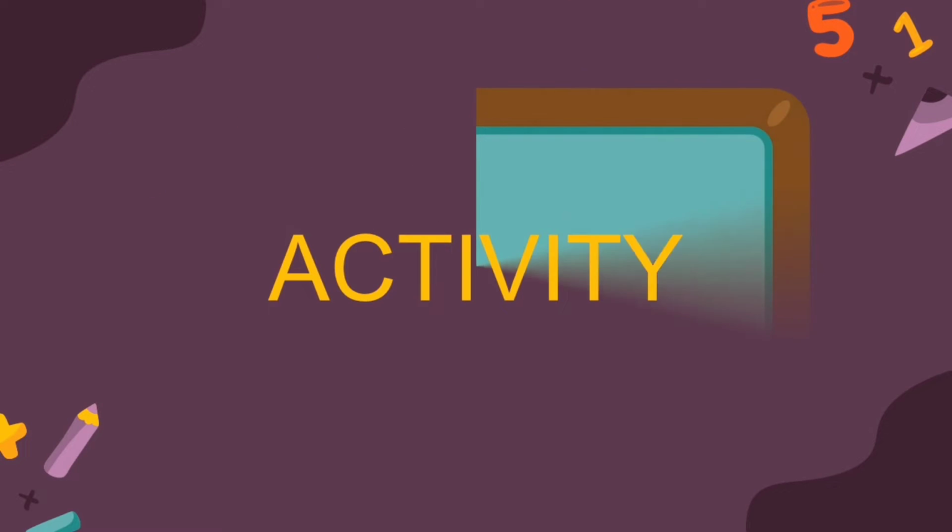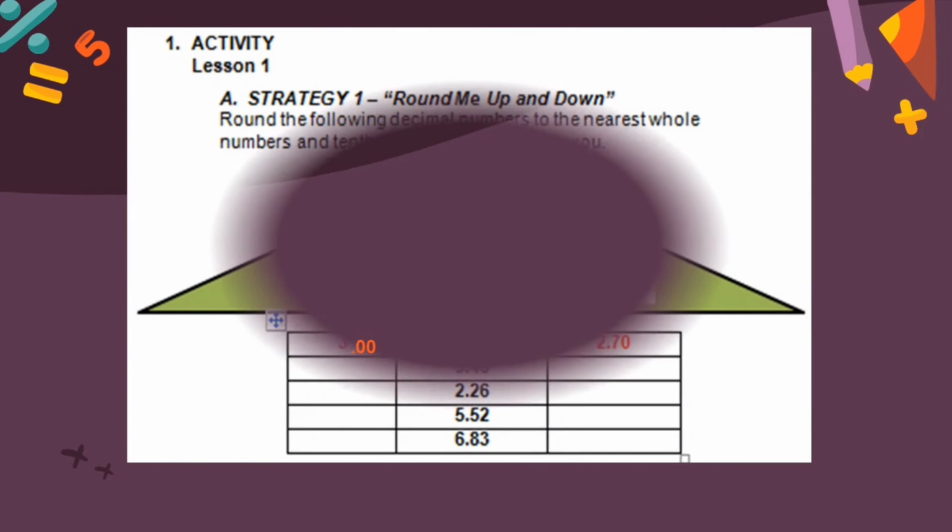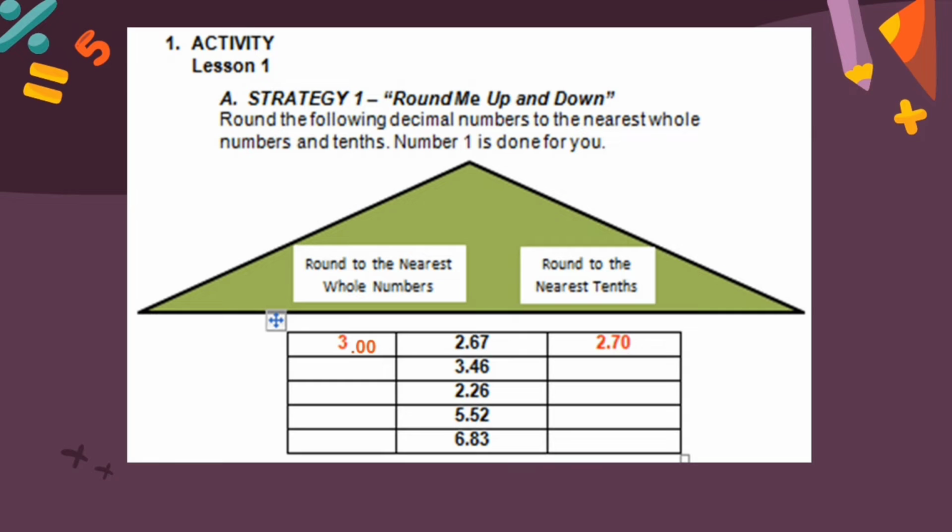We have first our activity. Activity 1. Round me up and down. Round the following decimal numbers to the nearest whole numbers and tens. Number 1 is done for you. So we have 3.46, 2.26, 5.52, and 6.83. Let us answer first. Round to the nearest whole numbers.